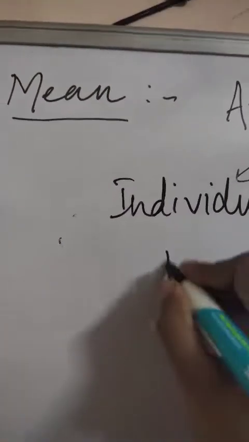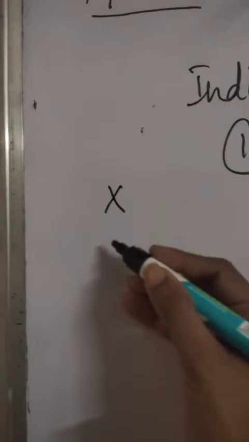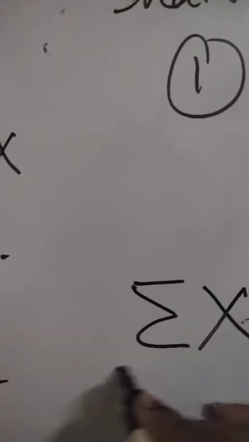Now I will be taking the average we can calculate. This was the series which I was talking about, the individual series. Individual itself means only one, so only one piece of information is available. Like here I was talking about marks, so it was x, only x. That means it can be any 3 numbers or 4 numbers or whatever it is, the sum of all the numbers upon the number of values available.